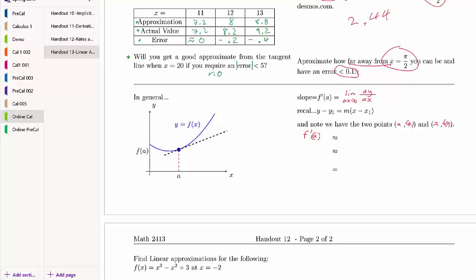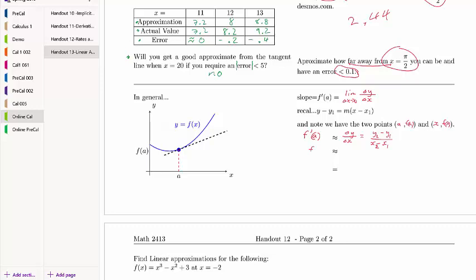F prime of A is about equal to delta y divided by delta x. Again, it's not exactly equal to that, it's only approximately equal to that. And recall that delta y, that's simply y2 minus y1 over x2 minus x1.